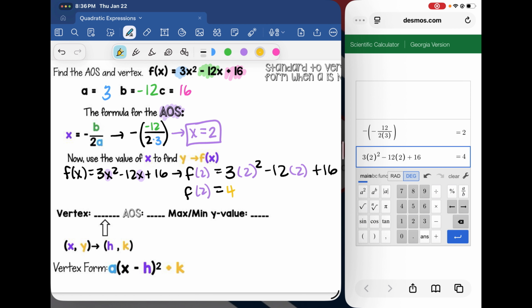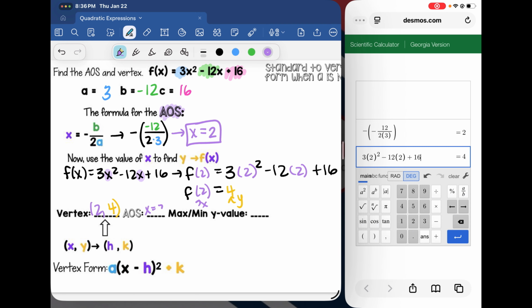What is my vertex? Because this is x, my input, and this is y, my output. So what is my vertex going to be? 2 for x and 4 for y. What is the axis of symmetry? We just found it. Axis of symmetry is x is equal to 2.